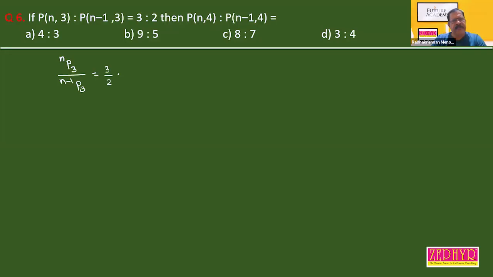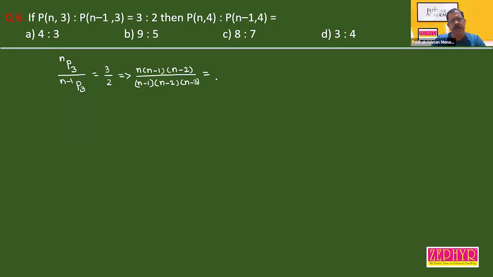So it is very easy. In the numerator, 3 consecutive numbers starting from n: n into n minus 1 into n minus 2. In the denominator, product of 3 consecutive natural numbers starting from n minus 1. n minus 1 എന്ന് തുടങ്ങിയിട്ട് 3 natural numbers in descending order. Then n minus 2 into n minus 3.